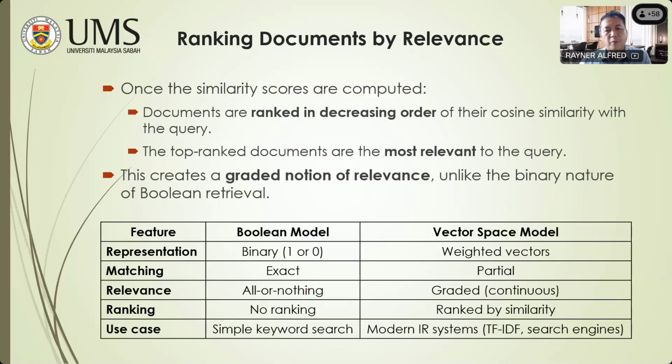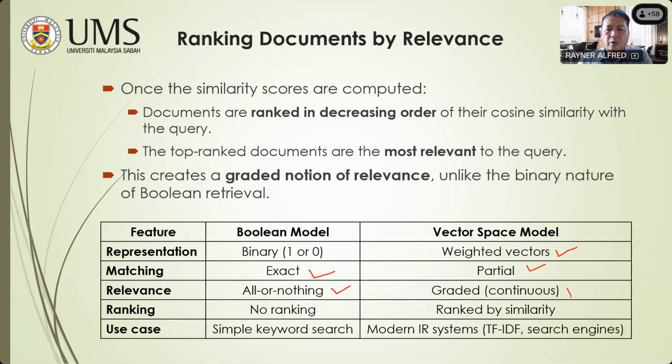This is just to compare the differences between the Boolean and the vector space model. For the Boolean, we have 1, 0, but for this one, we have a weighted vector. The Boolean model performs exact matching. The vector space model allows you to perform partial matching. This is all or nothing.